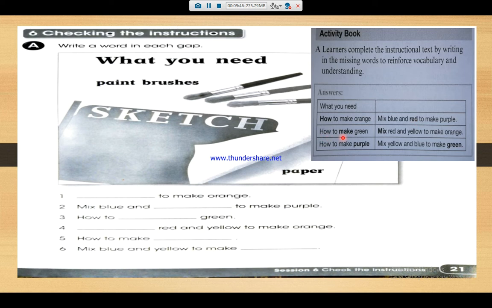Number 3, how to make green. So the missing word is make. Number 4, mix red and yellow to make orange. So the missing word is mix. How to make purple. So the missing word is purple. Mix blue and yellow to make green. So the missing word is green. Yes, very good.